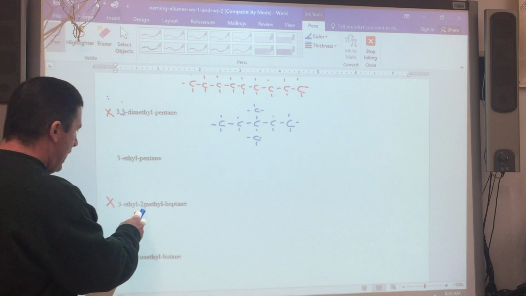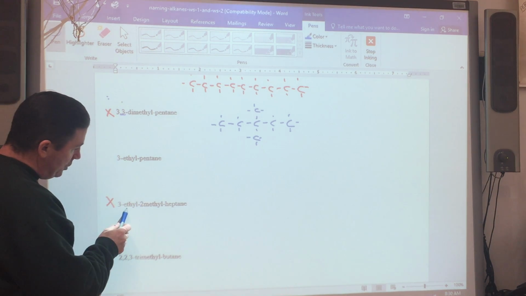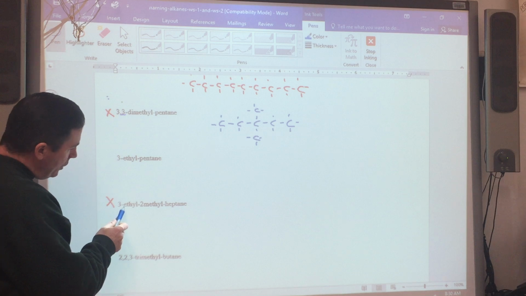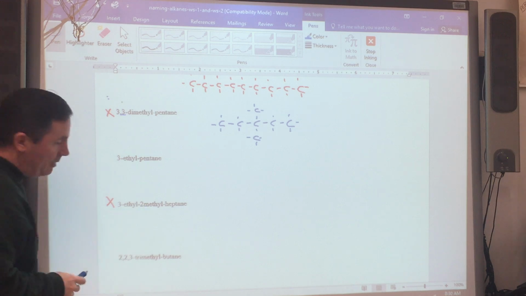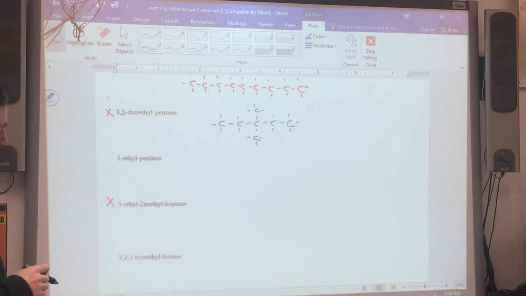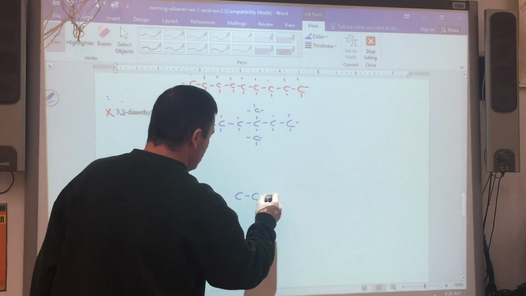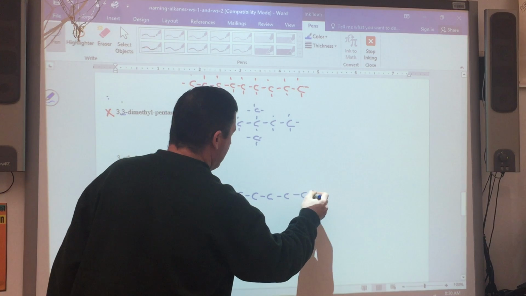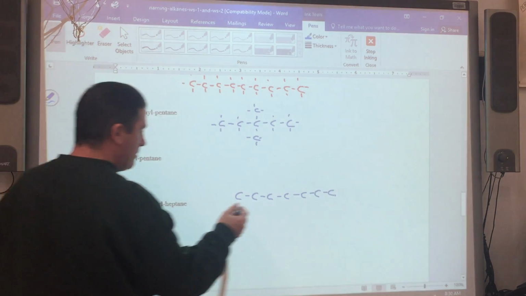Okay. 3-ethyl 2-methylheptane. This is a good reminder that you're going to put the substituents in alphabetical order. E comes before M. Okay? So heptane is 7. 1, 2, 3, 4, 5, 6, 7. 3-ethyl.